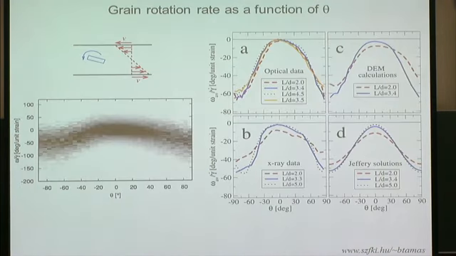And you can plot the distribution of the particle rotation speed, which is shown here for 1 material. And you can take the average of this distribution and plot it. And here we have this for different materials obtained by different methods: optically, X-ray, and the DEM calculations.